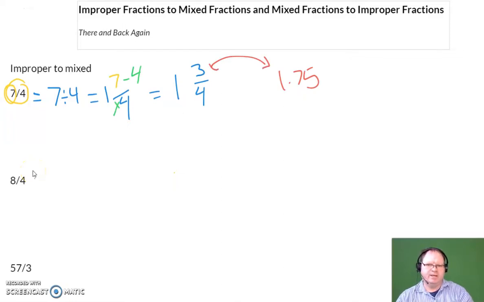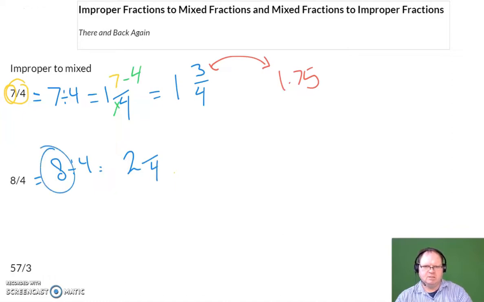We are going to do it again. So it's 8 over 4, which is 8 divided by 4, which ends up being 2. And that's what you're going to get on your calculator. But let's do exactly what we've done before. The denominator doesn't change. And you have 8 pieces in the top. That doesn't magically go away. There is no magic in life.